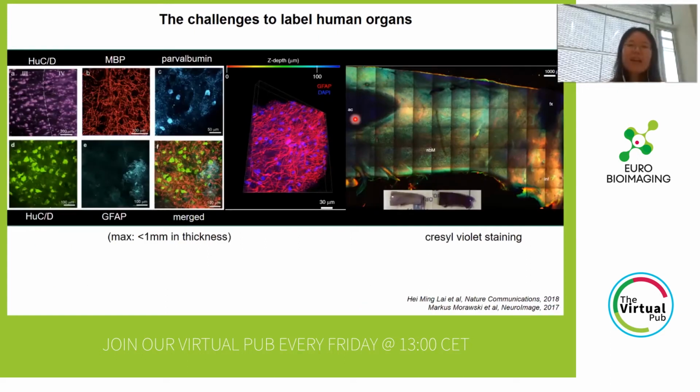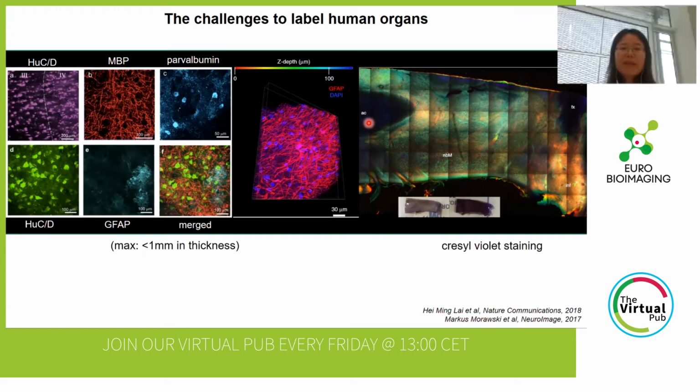Another challenge we are considering is how to label the human organs. The very advanced technologies like virus tracing or transgenic fluorescent protein labeling are commonly used for the animal models, but cannot be applied to the human organs. The human organs mostly rely on post-staining methods using antibodies or small molecule dyes.